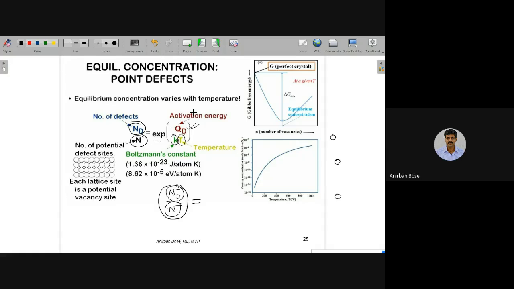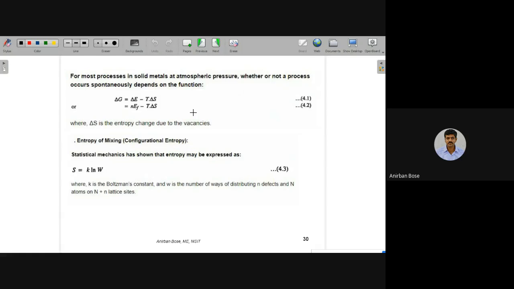And you can see the derivation also is not very difficult, but I am not going into much detail of the derivation, but I will show you all the steps. You do it in your copy, just following the steps. So first, the basic idea is that we want to find out how many defects will be there in thermodynamic equilibrium.